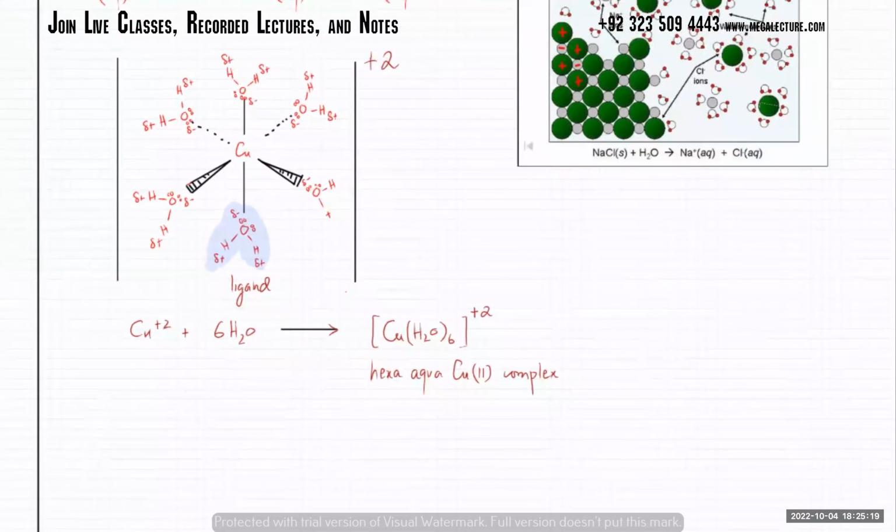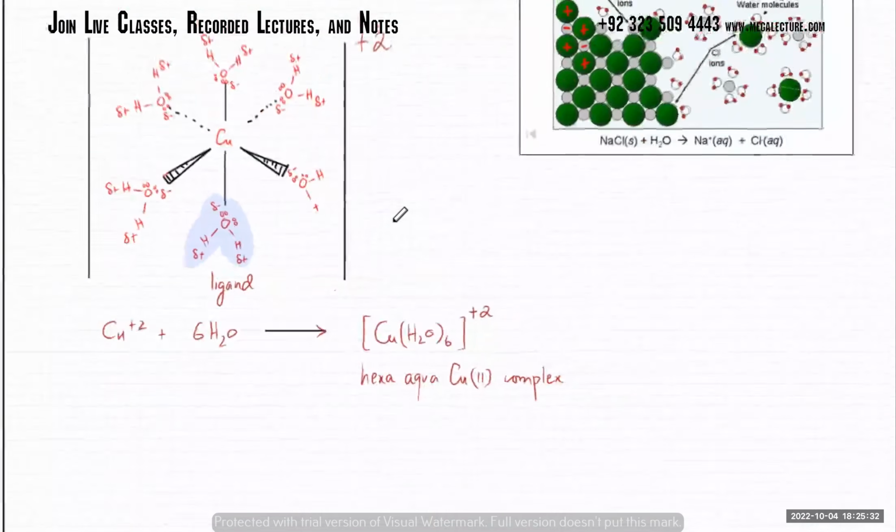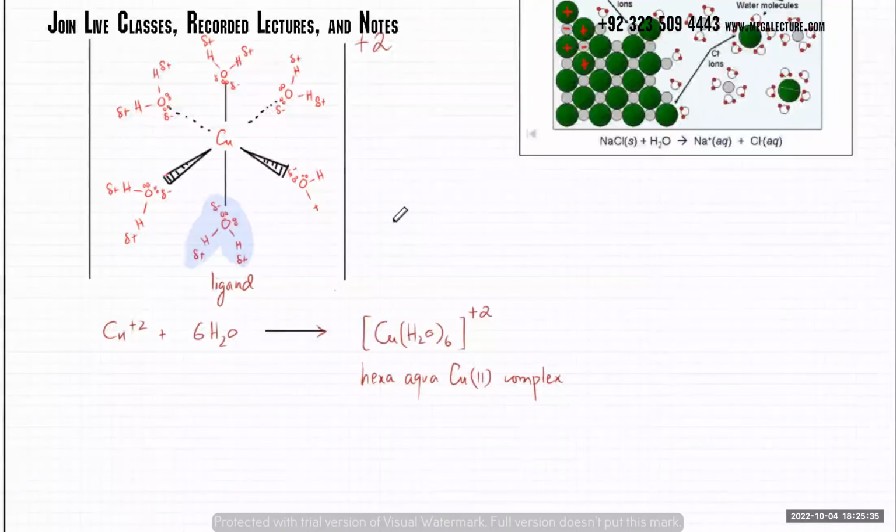So now based on this, I'm going to use this copper 2 complex, this one specifically. This is a blue colored solution. Especially this one has a blue color. So whenever you see copper ions mixed in water, you're going to get a blue colored solution.